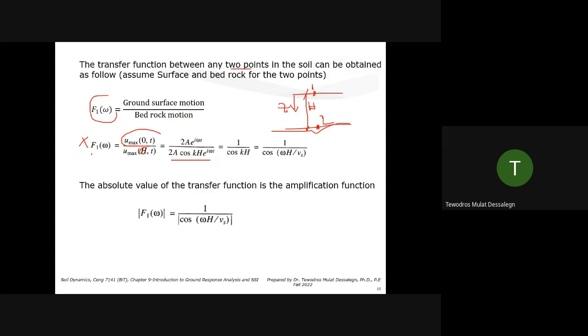So that transfer function F1 in terms of omega, in the frequency domain, comes out to be 1 over cosine of omega H by Vs. H is the thickness of the soil. Vs is the shear wave velocity. So this is a simple equation.